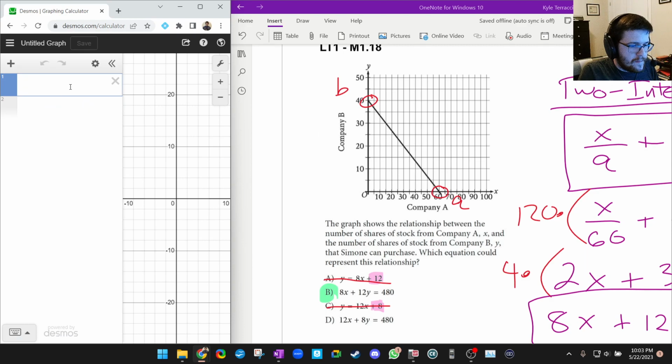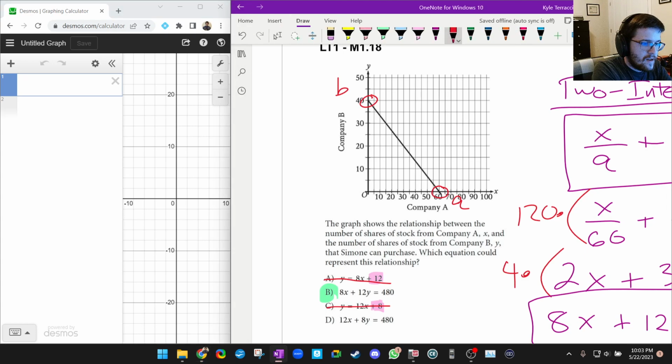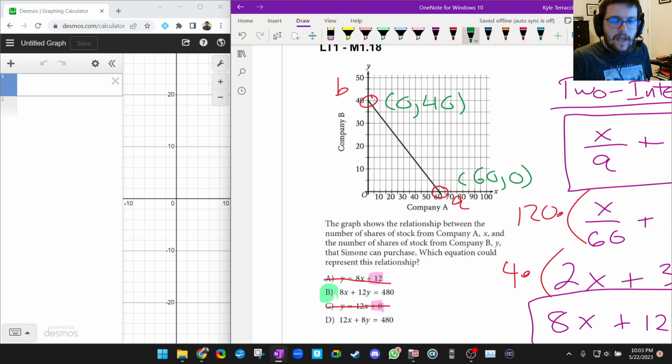Okay, so first off, you could have just written down the points, 0, 40 and 60, 0, and then plug them into every single answer choice, and whichever one satisfies both is right. So if you plug in 0, 40 into the first one, I bet you it's not going to work. You would get like 40 equals 35 or 40 equals 90, something like that.